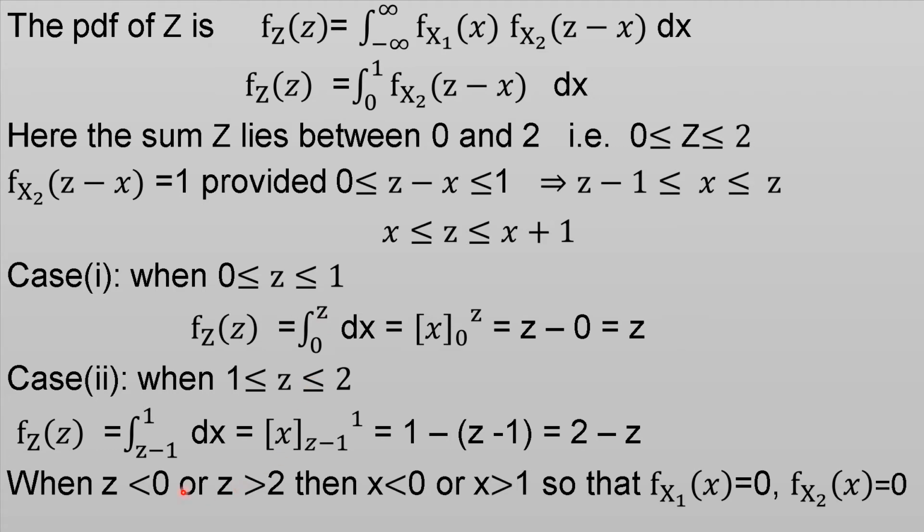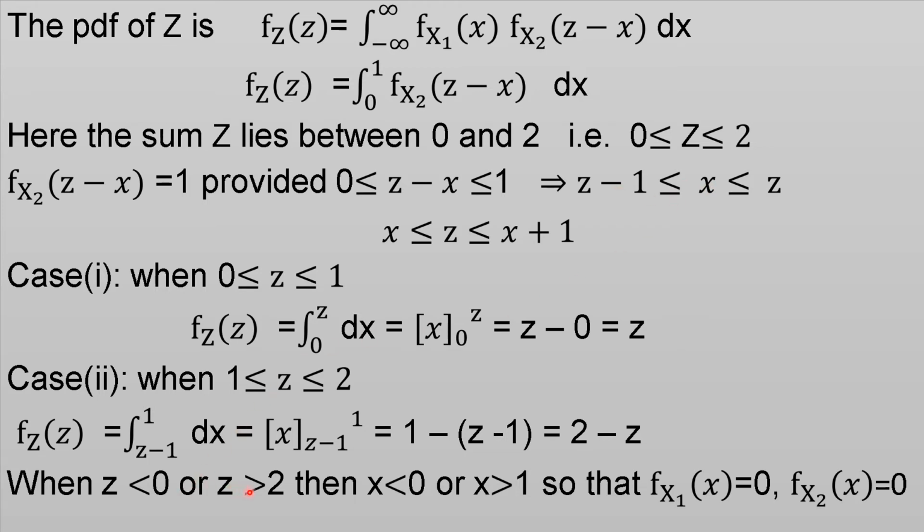Now when z is less than 0 or greater than 2, z less than 0 means x should be less than or equal to z, and this z value is less than 0, so obviously x should be less than 0. If z is greater than 2, then z minus 1 will be greater than 1, so x will obviously be greater than 1.